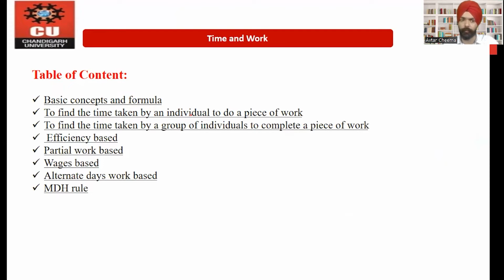Then efficiency based, what will be the relationship between the number of days and the efficiency? And partial work based questions we are going to cover, then wages based questions, and then alternate days when people are working on alternate days. At the end we are going to learn the MDH rule.